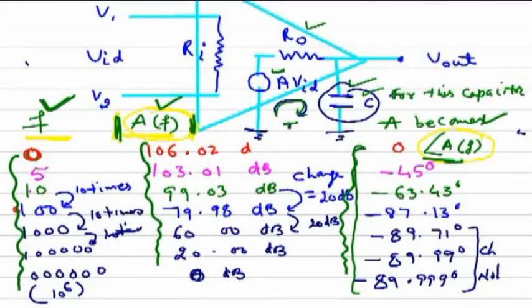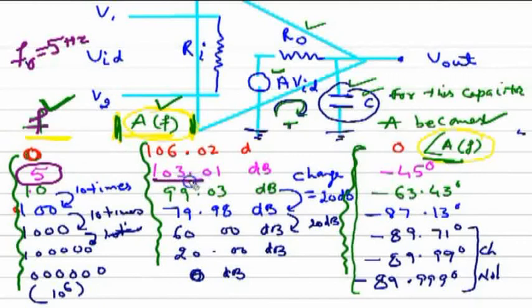So this is the type of variation of the magnitude of AF versus F, and phase angle versus F, keeping in mind that the break frequency F naught was 5 Hz. At 5 Hz the gain is decreasing by 3 decibel.